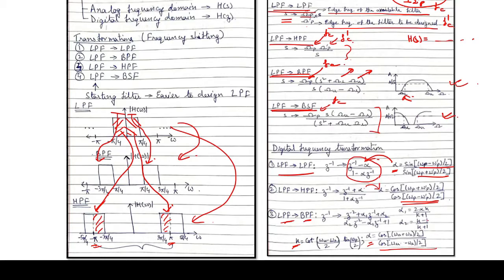Using these two, k and alpha, we calculate alpha 1 and alpha 2. Alpha 1 is given by 2 alpha k divided by k plus 1, whereas alpha 2 is given by k minus 1 divided by k plus 1. Using all these fractions, we use the transform function, where Z inverse is transformed to Z to the power minus 2 plus alpha 1 Z inverse plus alpha 2, divided by alpha 2 Z to the power minus 2 plus alpha 1 Z inverse plus 1.